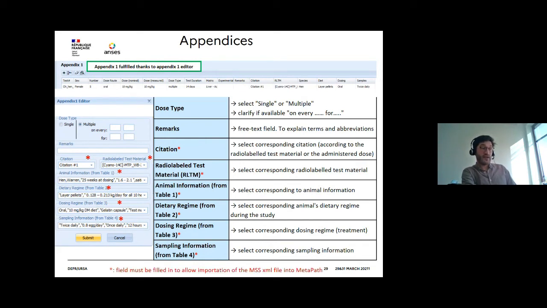As previously, fields tagged with a red asterisk must be filled in to allow import of the MSS XML file into Metapath database. And you have to click on Submit to validate the created matrix and go on adding new tests via the same process until completed.